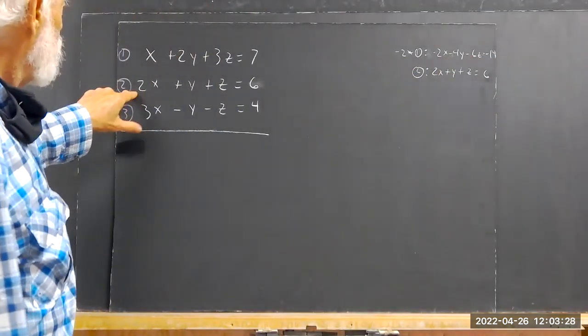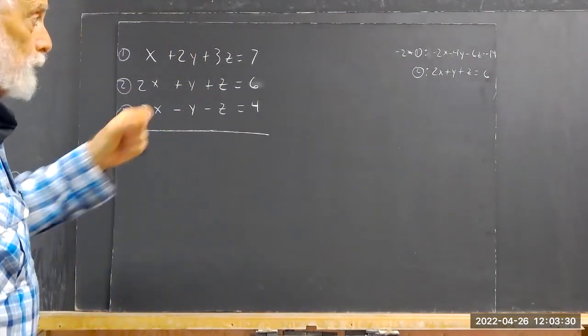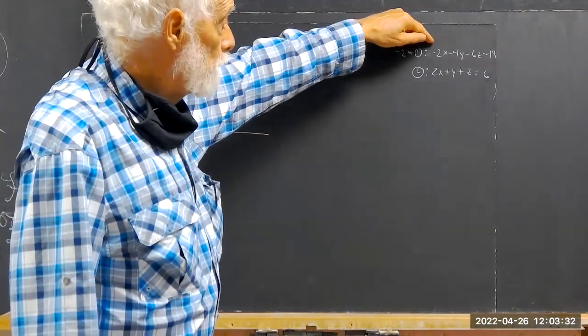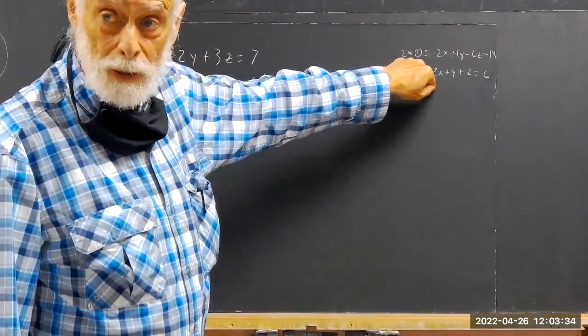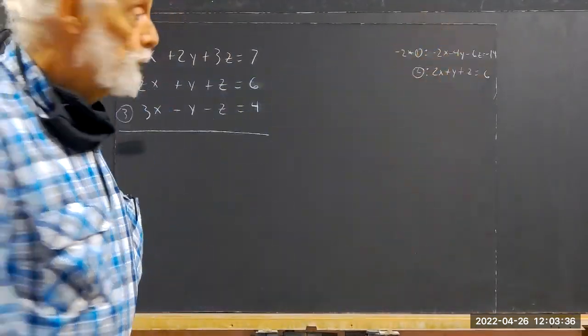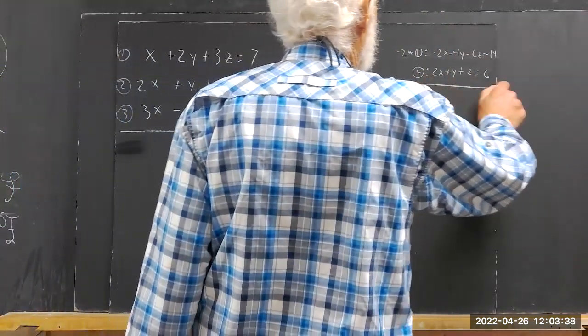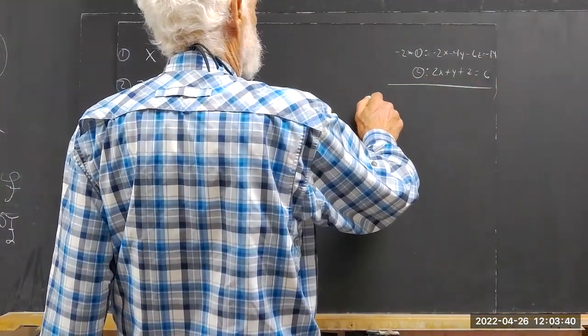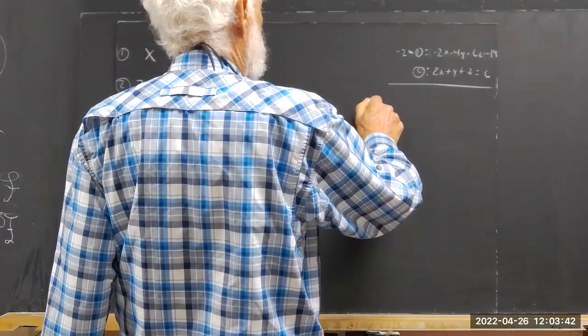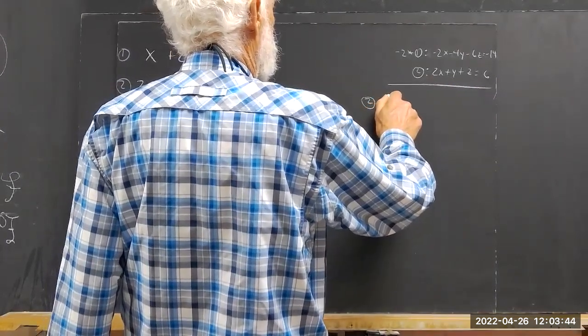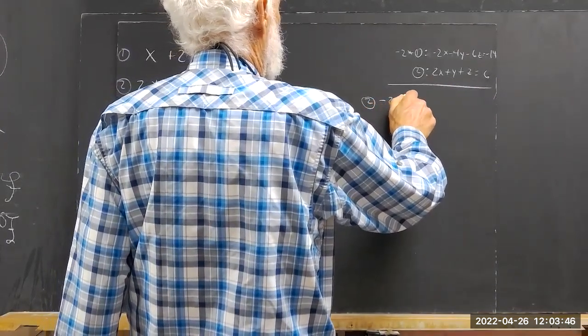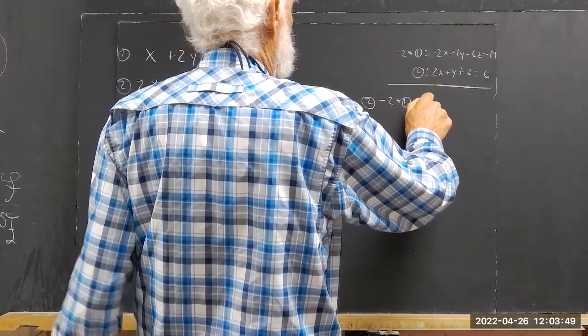And then I've got the second equation. And I chose to do that so that I have a -2x to add to my 2x to make x go away. So now I add the two equations. So I do equation 2 minus 2 times equation 1.